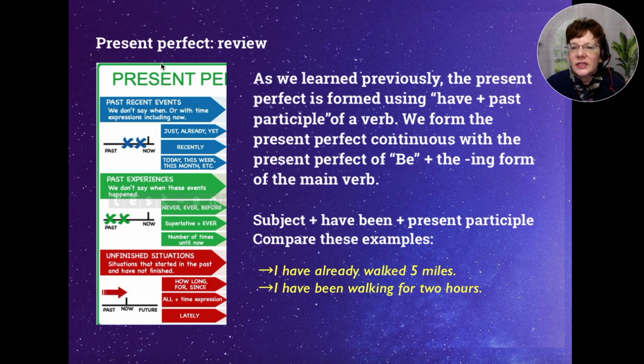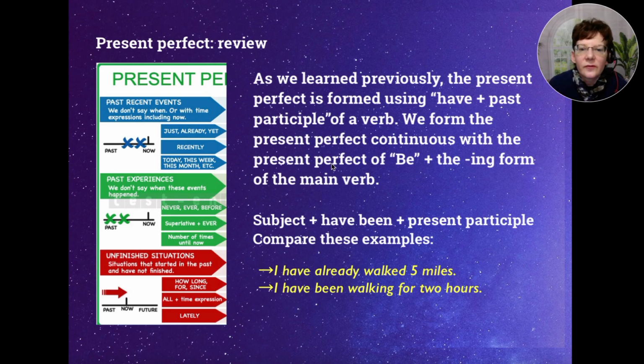Okay, so as a review of present perfect, we'll look briefly at what it's used for. It's used for past recent events, past experiences, and unfinished situations. As we learned previously, the present perfect is formed using have plus the past participle of the verb.